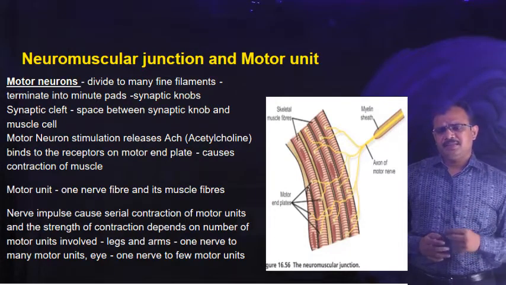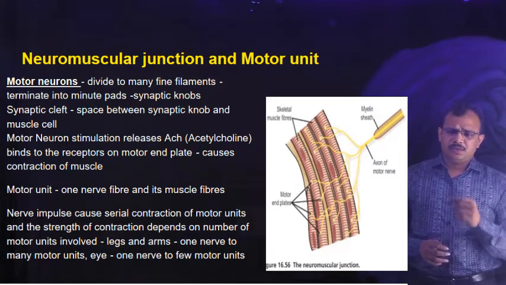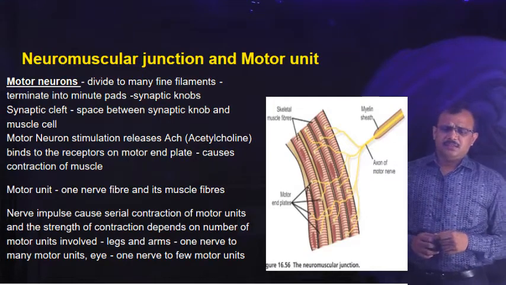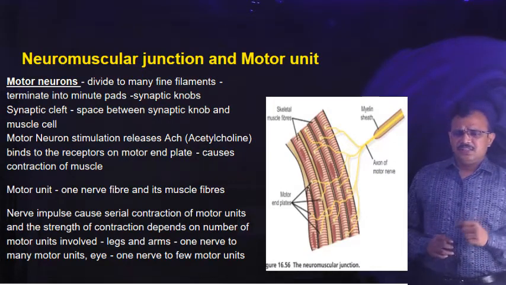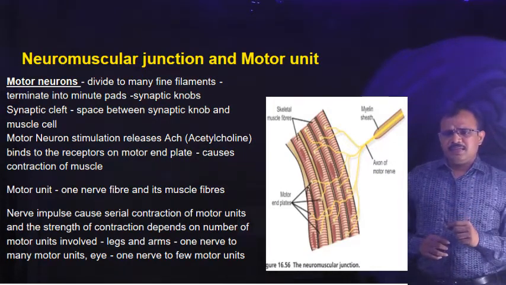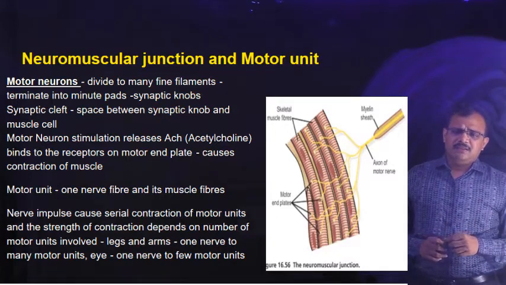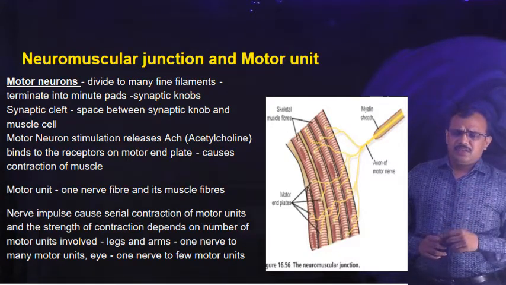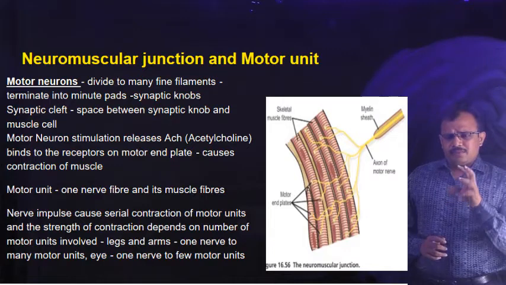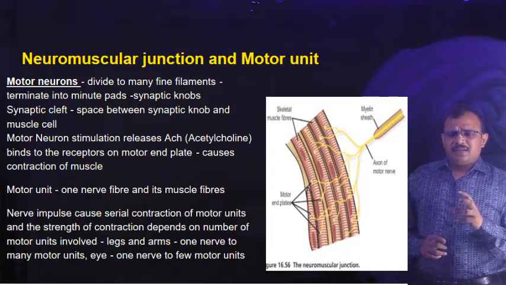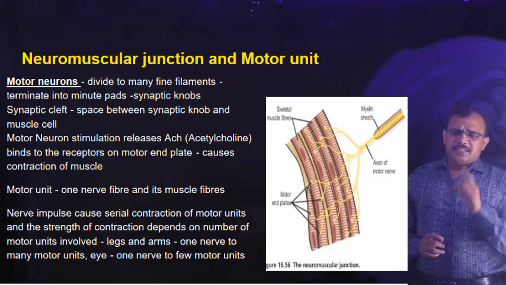Now let's see what a motor unit is. We have seen that the neuromuscular junction is the junction between an axonal terminal and the skeletal muscle cell, whereas a motor unit is that group of muscle cells that are supplied with one single nerve.